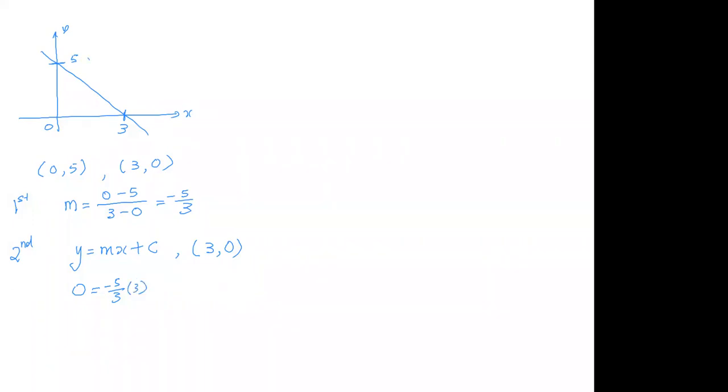I know already this is the y-intercept, so you can just straight away put down that c is equal to 5. Therefore, the equation is y equals -5 over 3 times x plus 5.